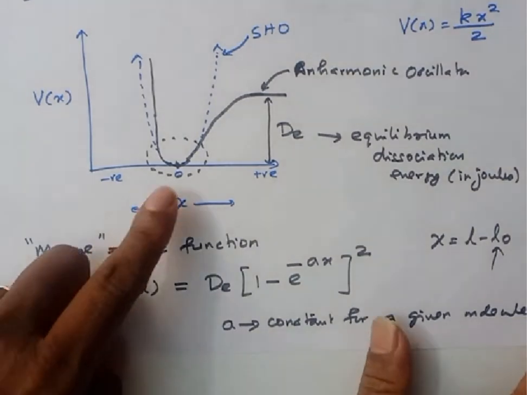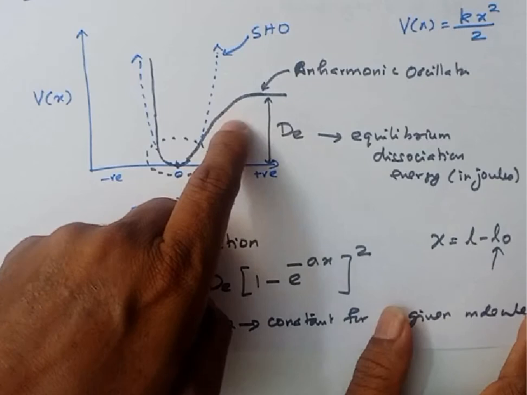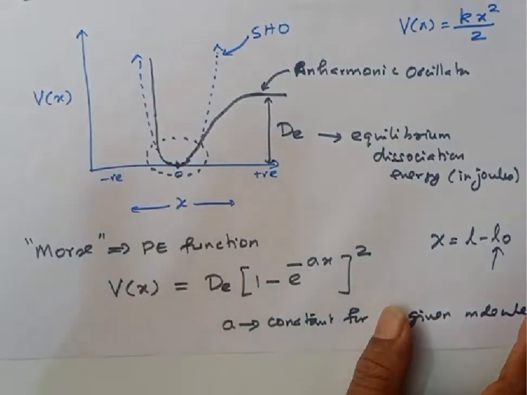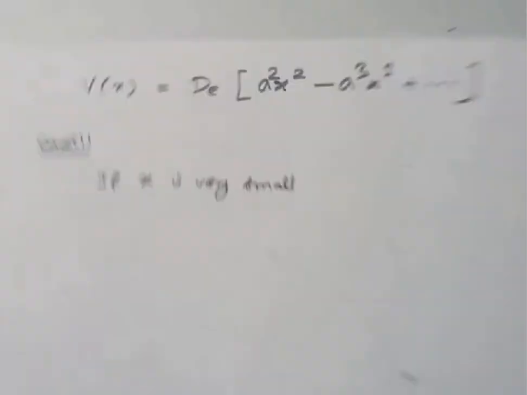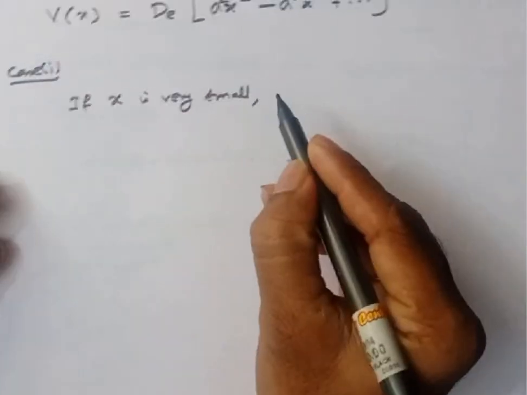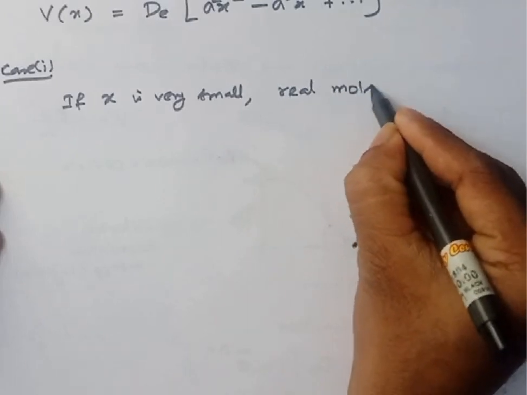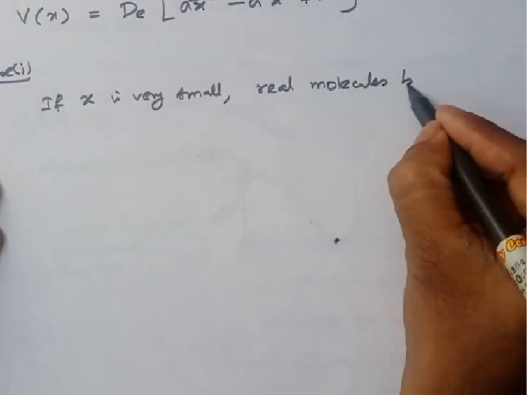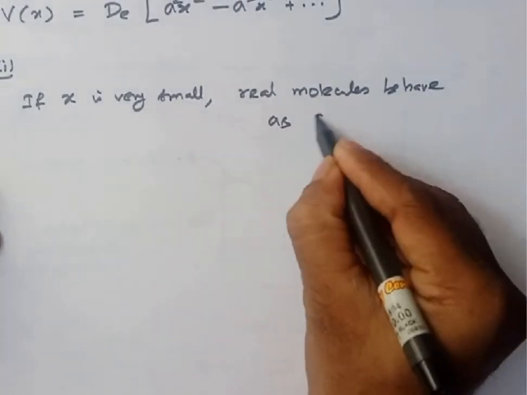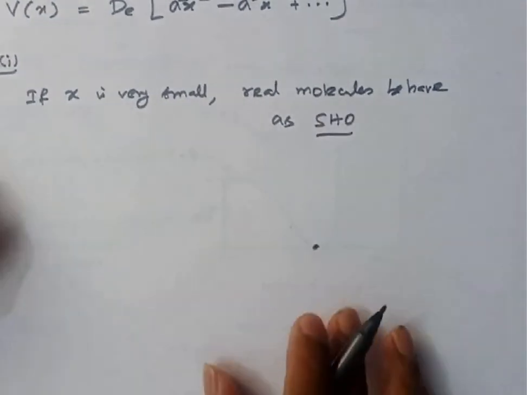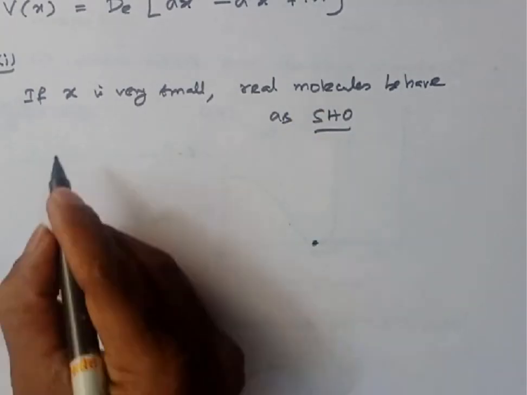So when x is very small, the anharmonic oscillator, or real molecule, behaves like a simple harmonic oscillator. No doubt in that, it's correct. Real molecules behave as simple harmonic oscillators.